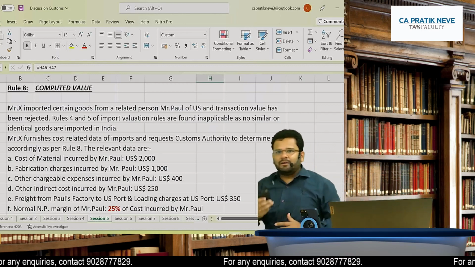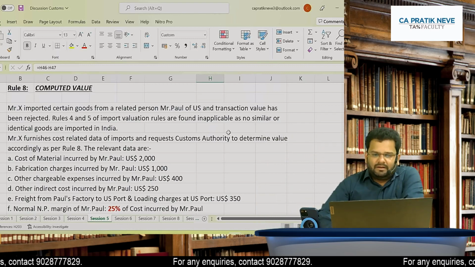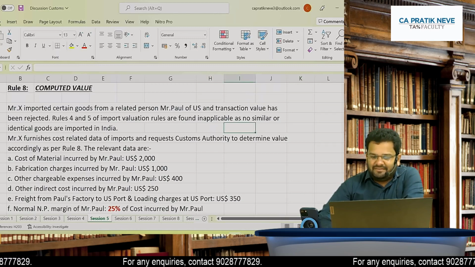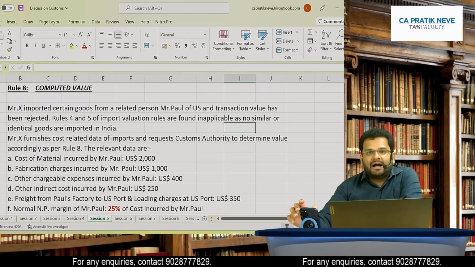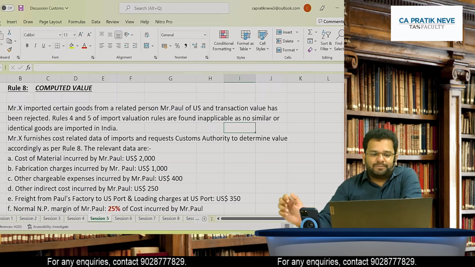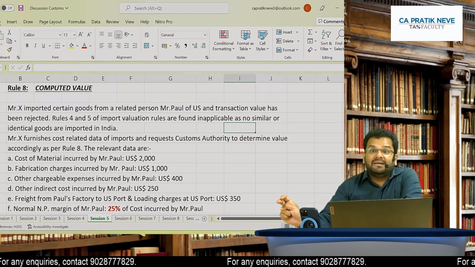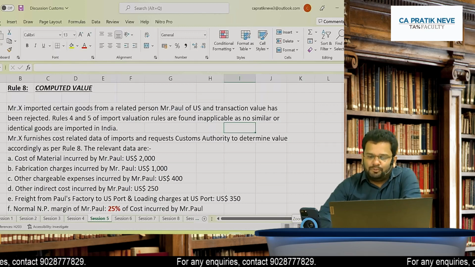The whole deductive and computed value will become simple for you. Computed value is the ideal selling price for the exporter, and the ideal purchase price for the importer is deductive value.